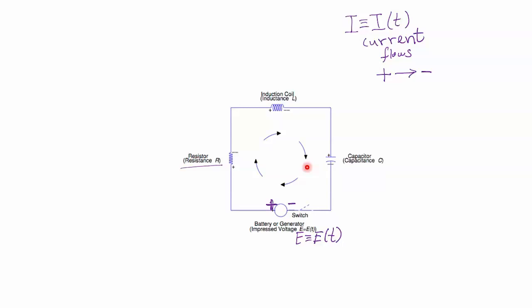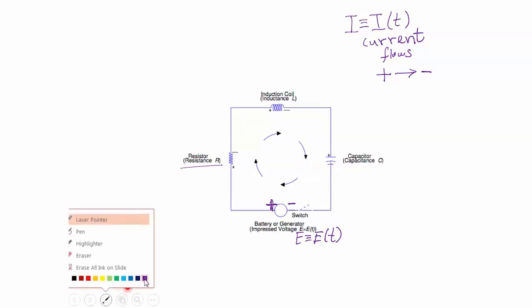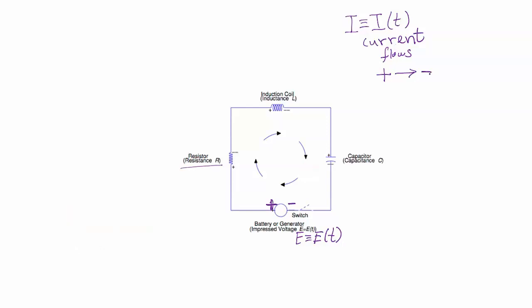Now, in the case in which there is a reversed flow, we would consider the current to be negative. Let me make a note of this: the current flows from positive to negative.